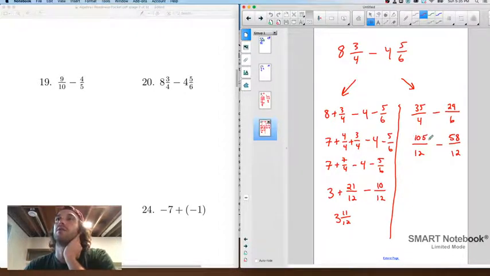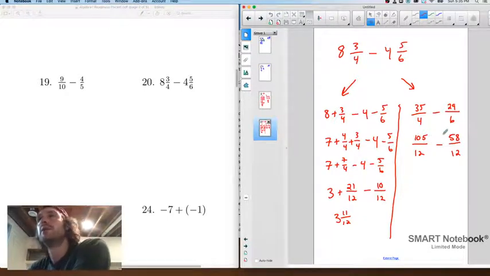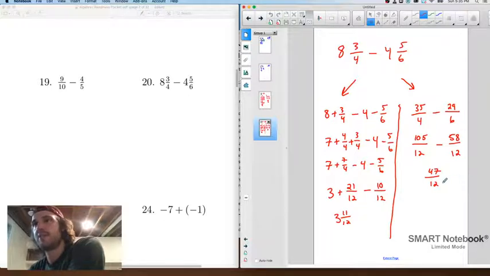I'm just doing mental math here. Whichever method works for you for subtraction. Minus 60 plus 2 is the same as minus 58. 45 plus 2 is 47. Hopefully I did my math right there. 47 over 12. That makes sense because 48 over 12 is 4, and we are 1/12 short. So there's your 3 and 11/12.